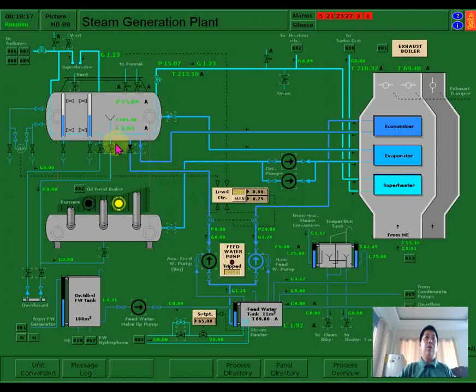In here, you have 15 bar steam pressure. So I simulate to reduce this steam pressure. I will open heating so that this will reduce the pressure.